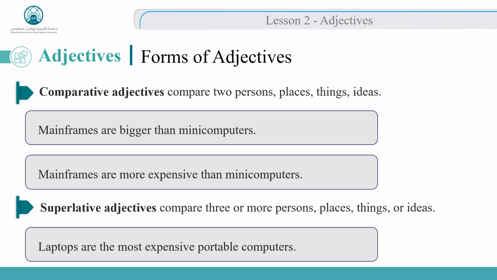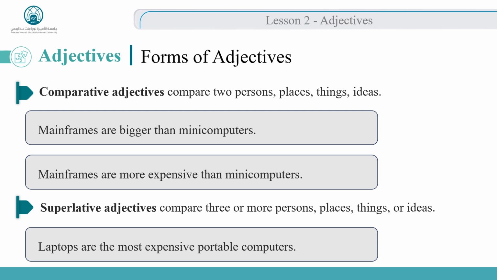The other forms of adjectives involve a comparison. We have the comparative adjectives and the superlative adjectives. What is the difference between both forms? Comparative adjectives compare two persons, places, things, or ideas.